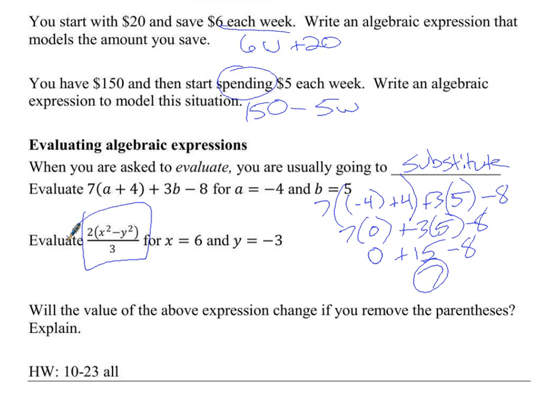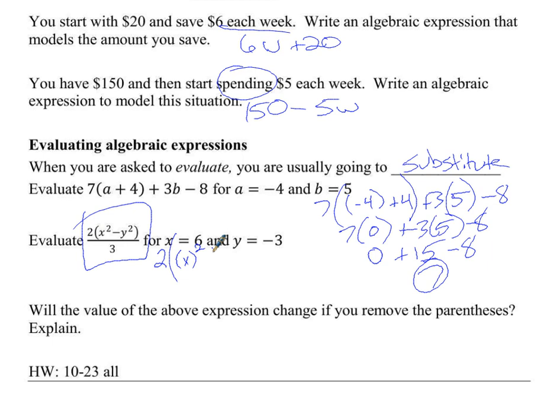Evaluate that for x equals 6 and y equals negative 3. Talk me through this. What do we do? Okay, so I'm going to write 2. And I'm substituting in 6, so I'm going to write parentheses. And notice how I did this.